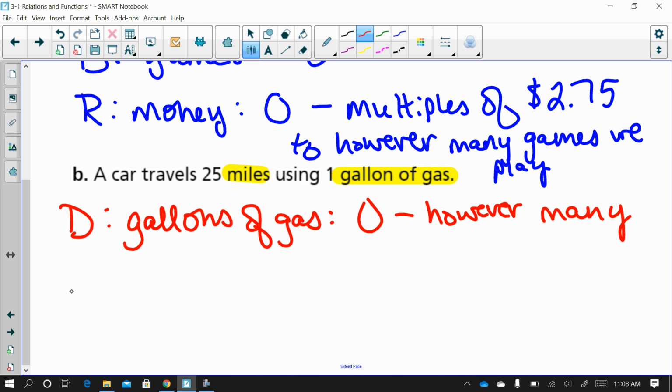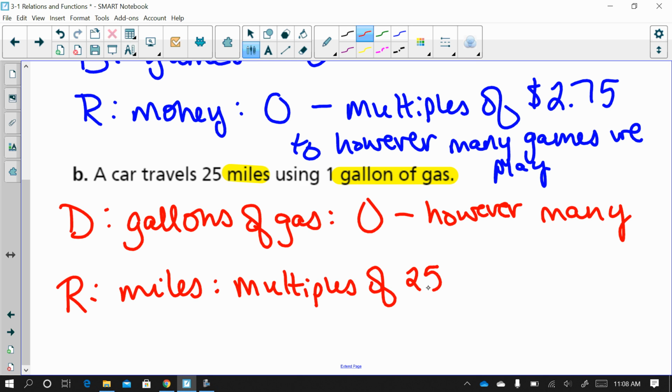Then if that's my domain, my range would be the miles. And this would be multiples of 25, because that's what we're talking about there with the 25, from 0 to however many miles. Or, sorry, however many gallons.